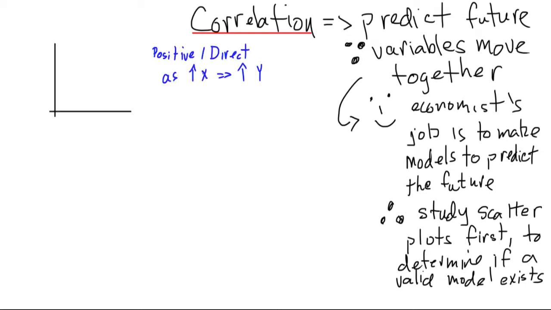The first type of model is a positive or direct model. In this case, as the x variable increases, the y variable increases. Think about a relationship in your life where one variable causes another to increase as it increases, and draw the scatter diagram on the graph.